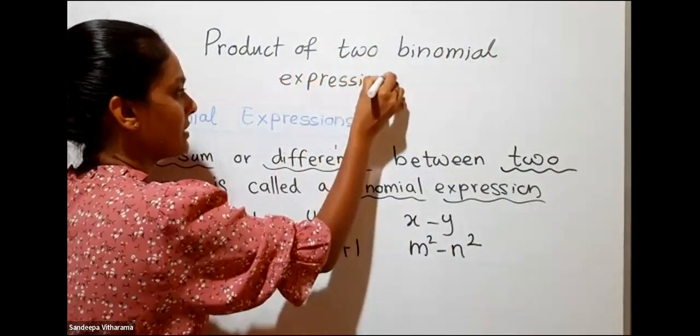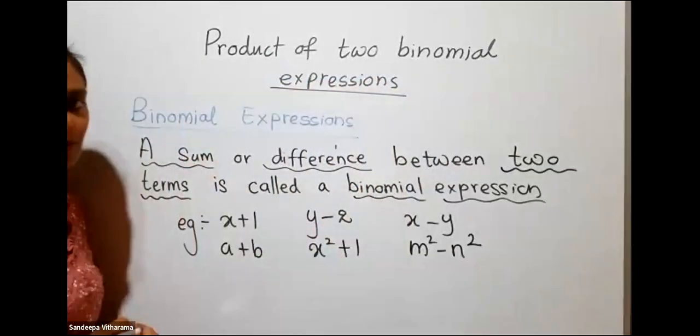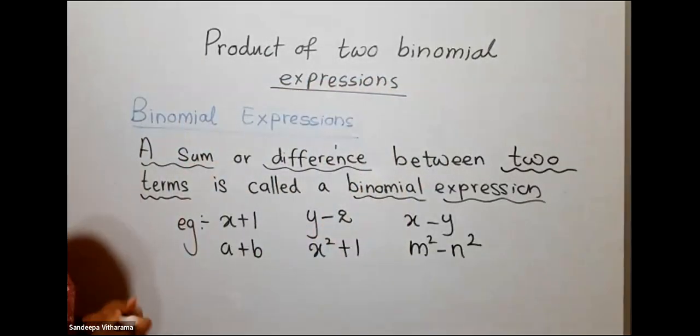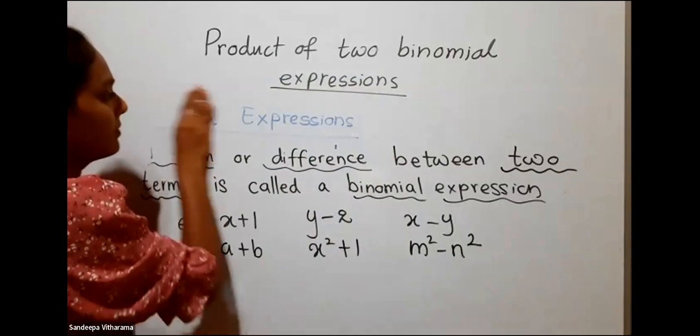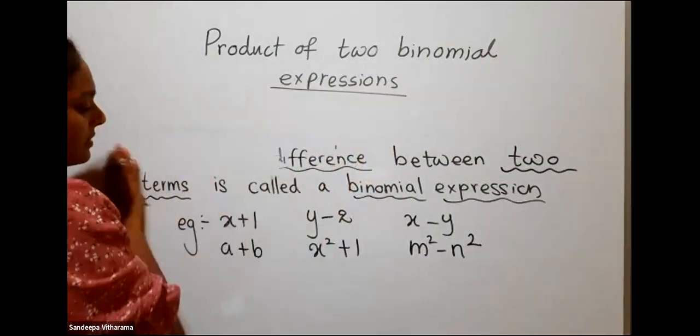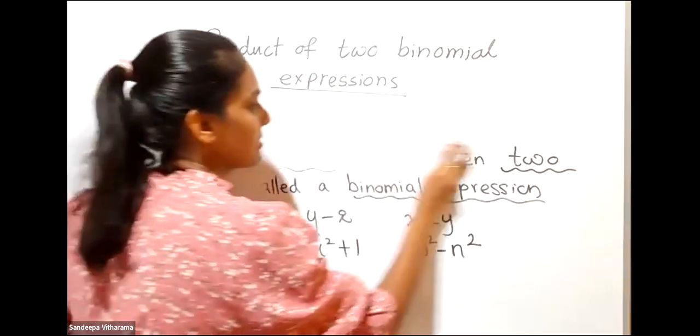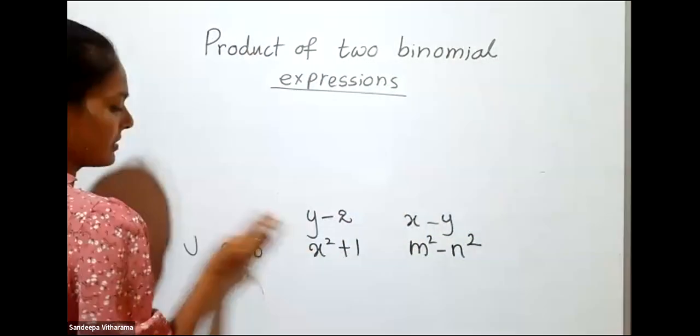When we discuss about the product of two binomial expressions, you should be able to multiply different directed numbers correctly. Okay, let's see.